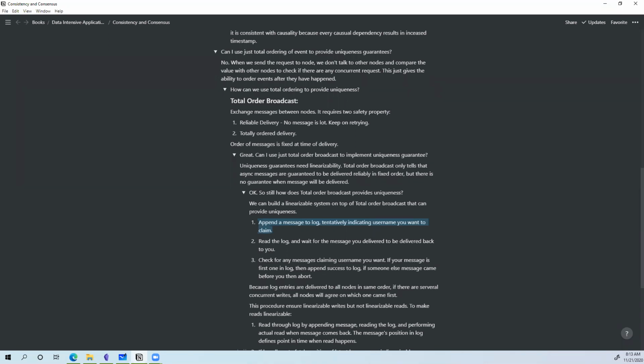But all the nodes will get only one message from one node. Yeah, I also think the same. Every node will get one message, not a response back from all the nodes, right?